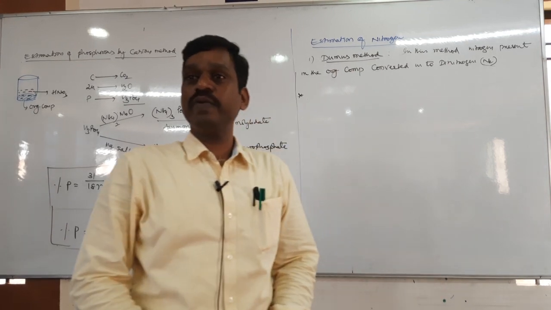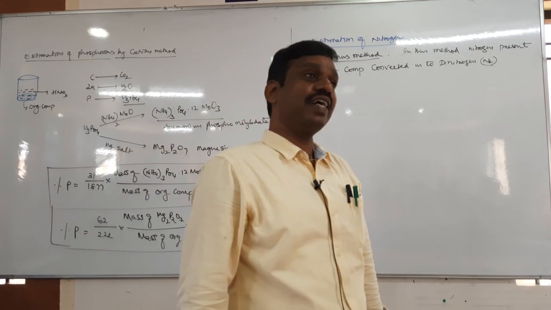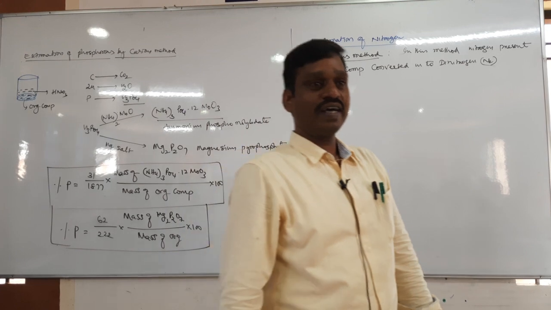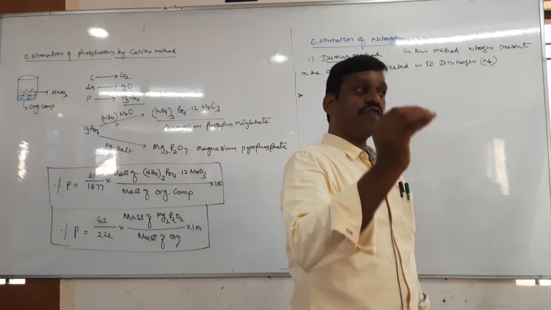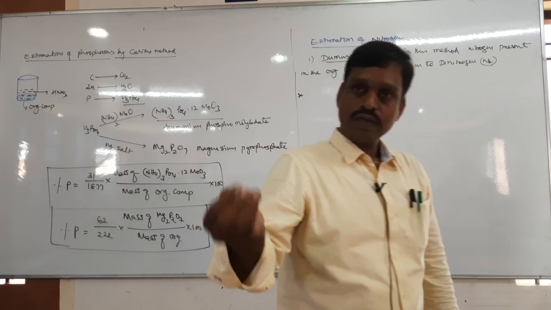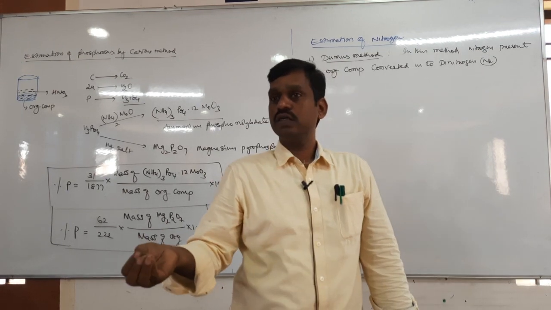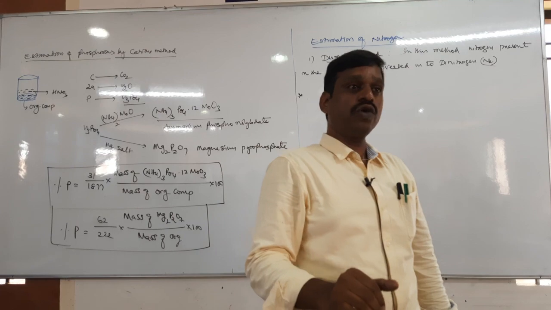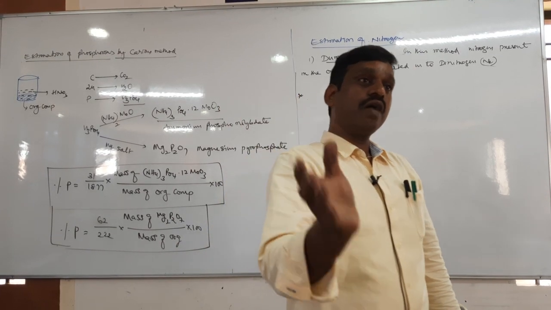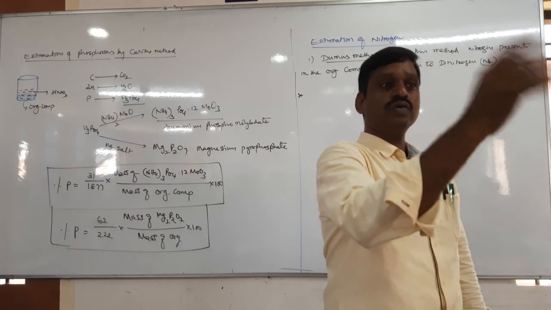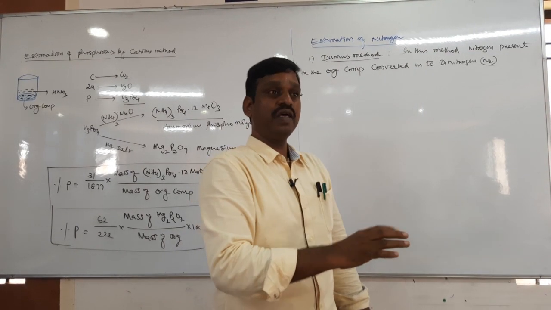In the Liebig method we estimate the hydrogen and carbon, no? How? A known mass of organic compound is heated with copper oxide, CuO. That copper oxide oxidizes carbon to carbon dioxide and hydrogen to water. Here also it is the same.